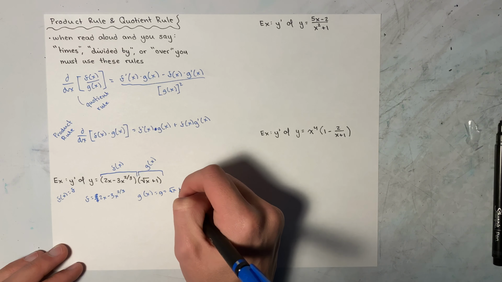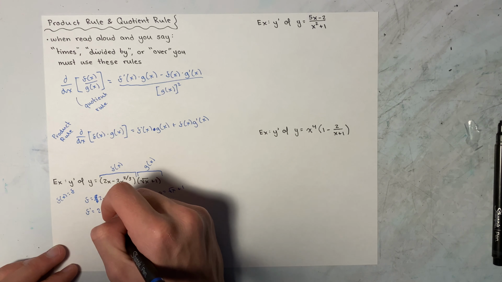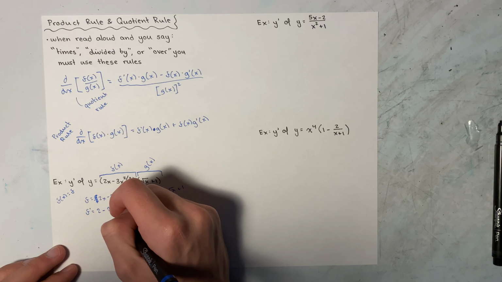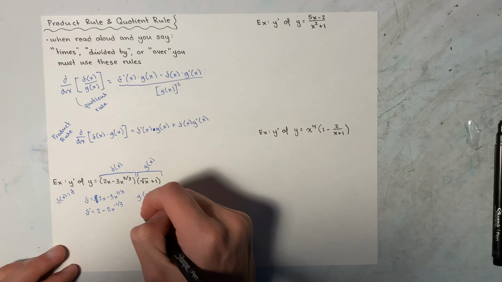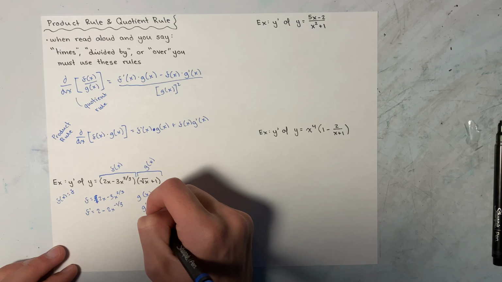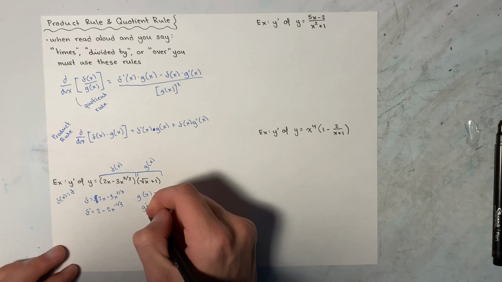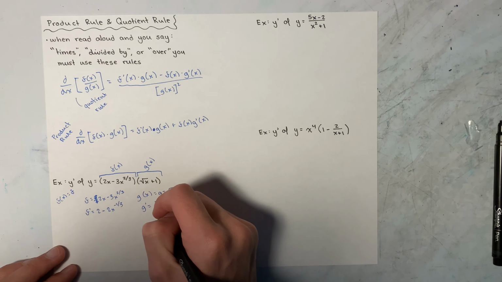So then we find the derivative of both of these. f prime is going to be equal to 2 minus, and in this case, it's just going to become 2x to the negative 1/3. And g prime is going to be equal to 1/2 x to the negative 1/2.